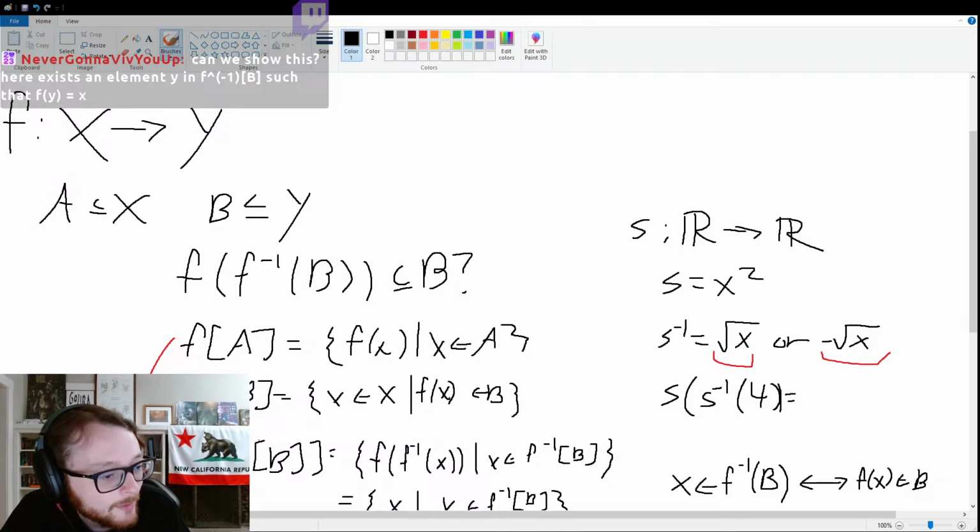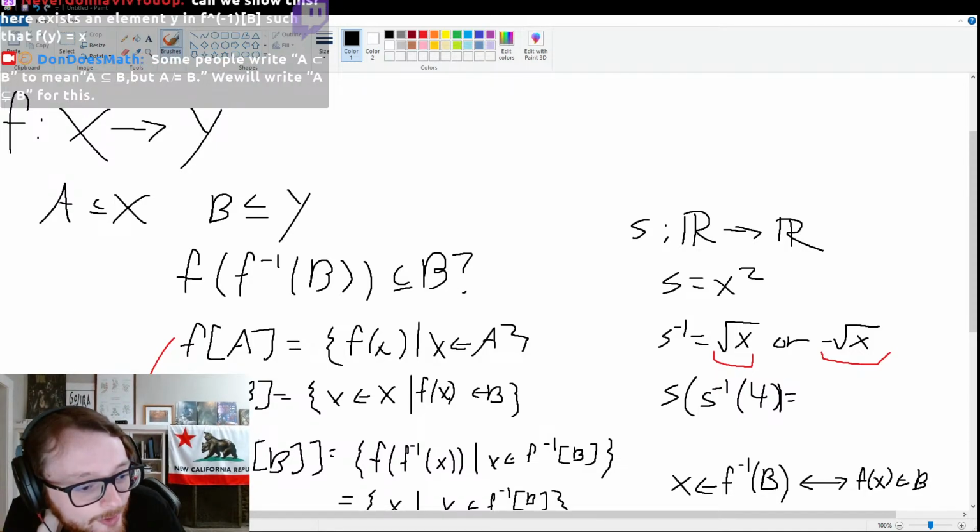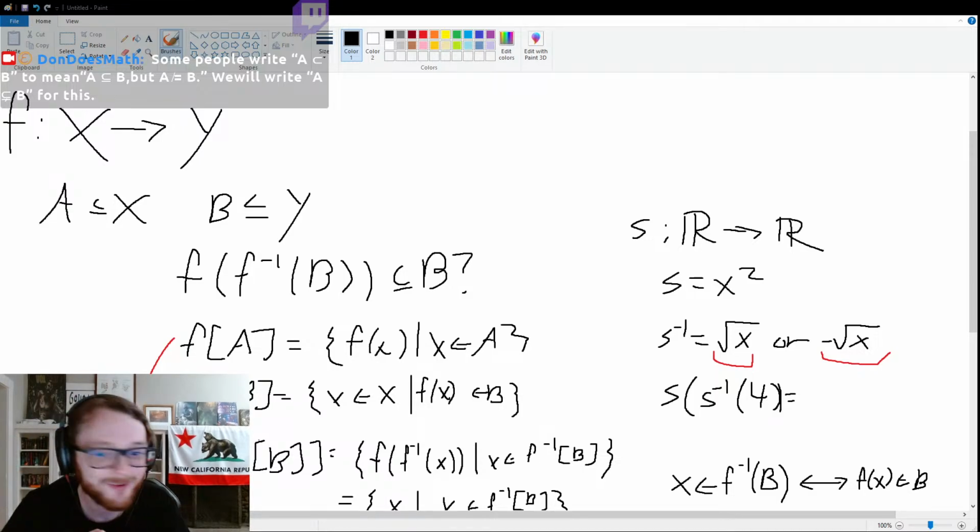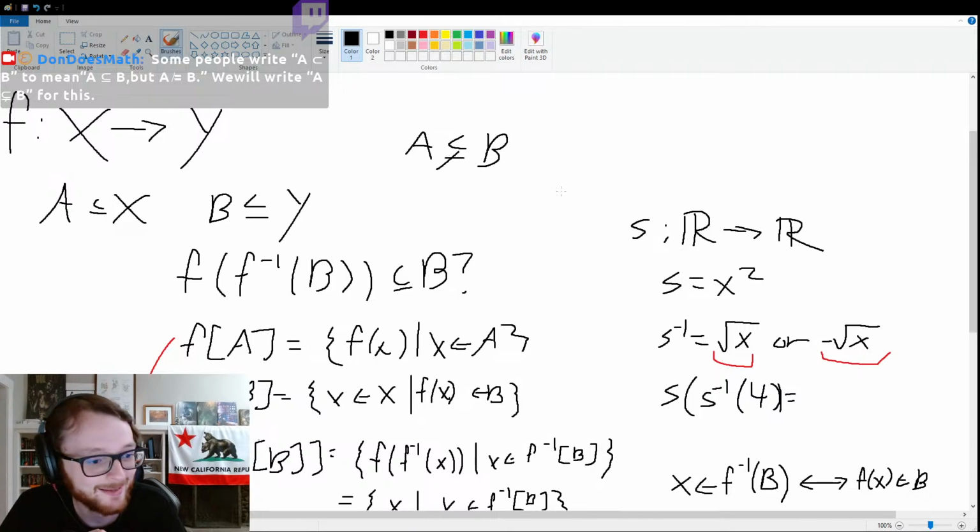Some people write A subset of C, but A does not equal B. Oh. So it is the bad notation from the book. Their thing for a proper subset is that, it seems? That looks so weird.